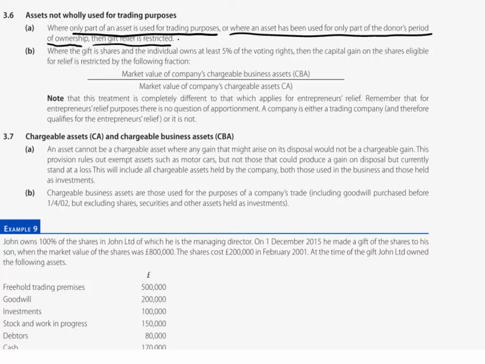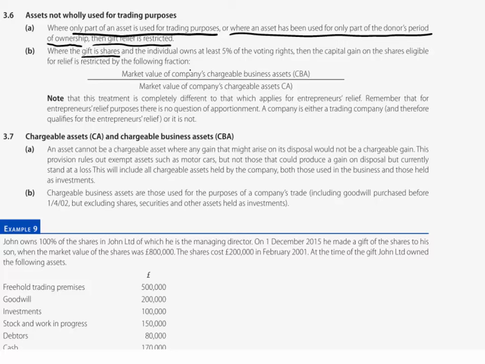Now, much the most likely scenario for you to see a restriction of gift relief, where a part of the asset is held in the form of an investment, is this one in note B here. That is where it's a gift of shares. We know that gifts of shares in either unquoted trading companies or personal trading companies, so quoted companies where you own 5%, qualify for gift relief.